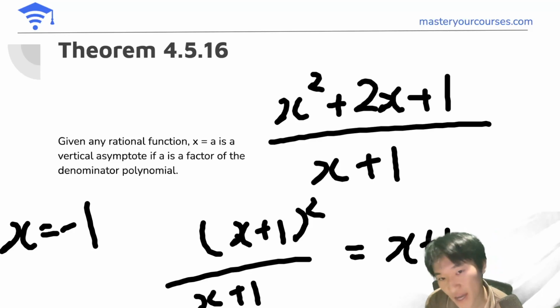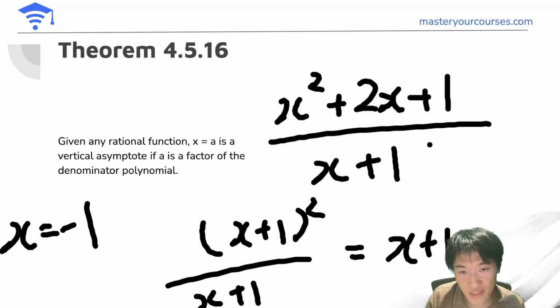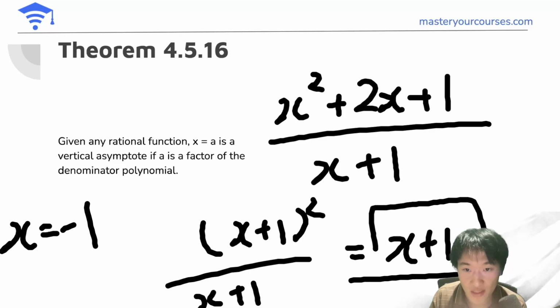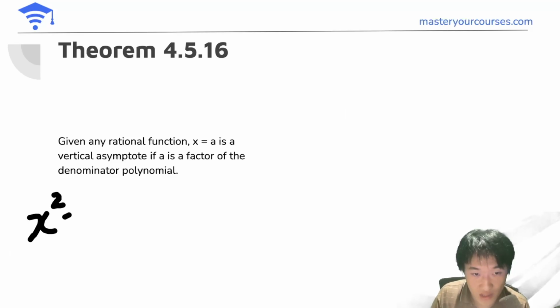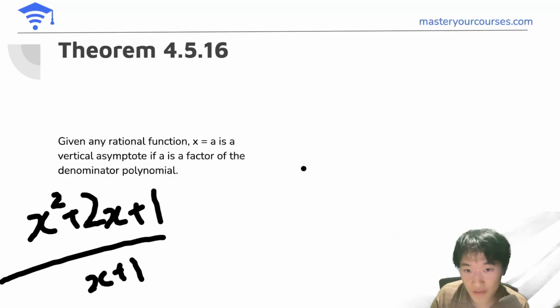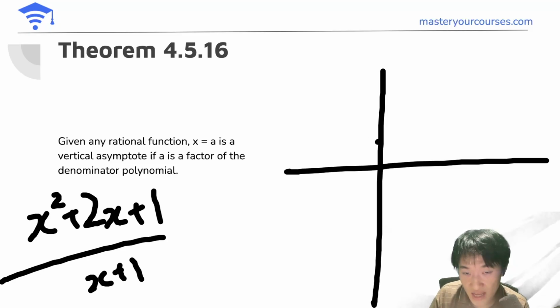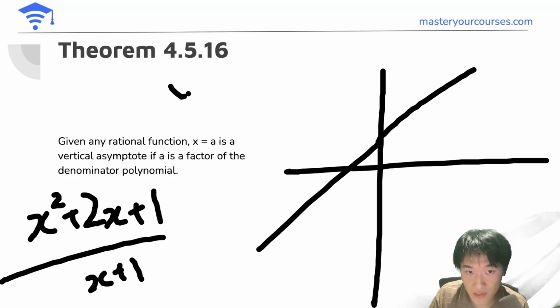So what this actually results in is a point that does not work. -1 is not defined because of the denominator being 0, but that is not a vertical asymptote because your graph actually looks like x plus 1. So what does this actually look like? Well, say we have x squared plus 2x plus 1 over x plus 1. This graph looks literally exactly like the x plus 1 graph, right? Y is equal to x plus 1.